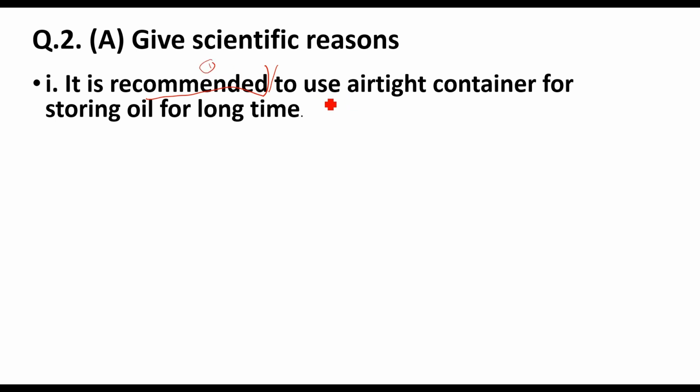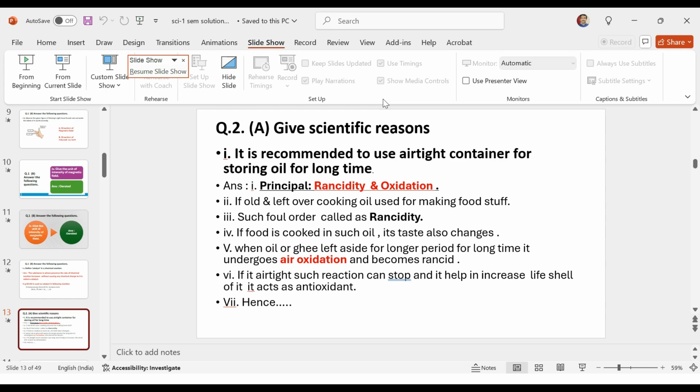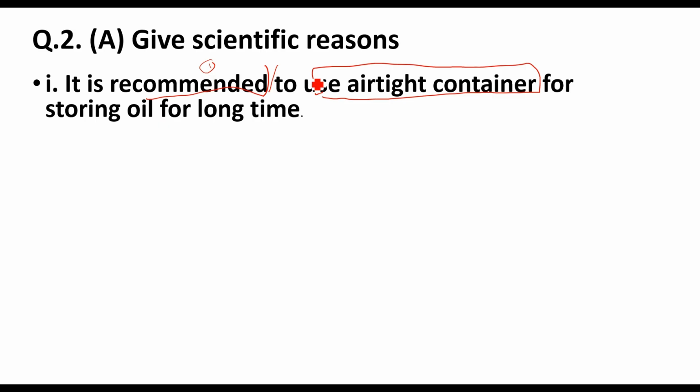What is recommended? Use of an airtight container; this is point number 2. And why is it to be used? For storing oil for a long time; these are point numbers 3 and 4.